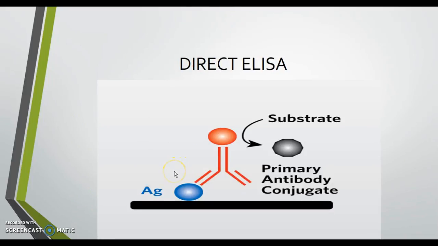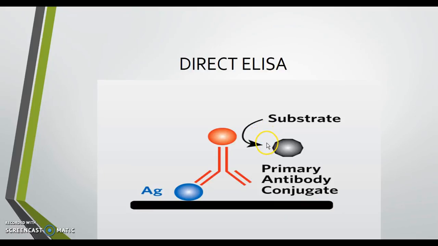In the indirect ELISA, the wells of the microtiter ELISA plate are bound by antigens, and the secondary antibody, which has an enzyme bound to it, forms a complex with the antigen on the walls of the ELISA plate.